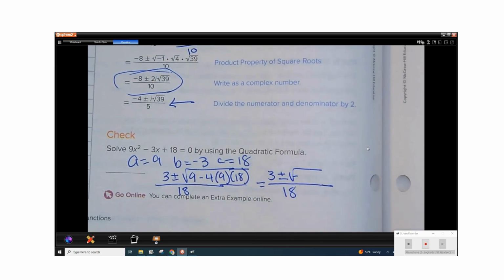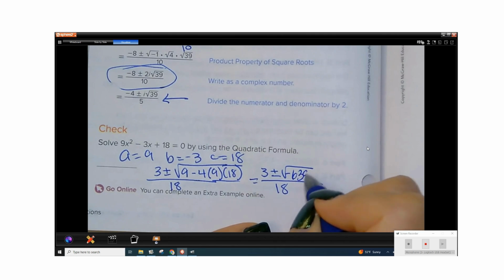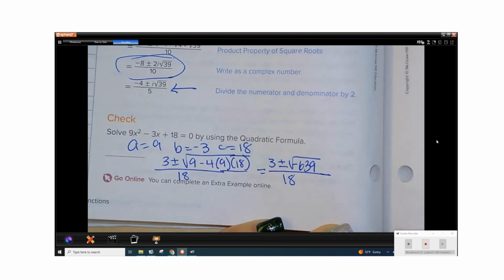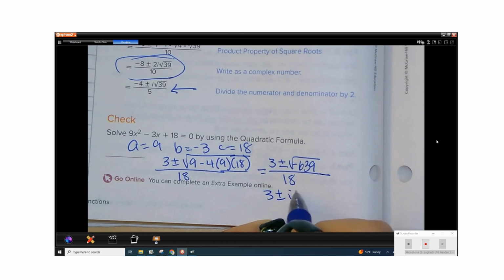So 36 times 18, 639. I don't want to try to figure out the square that goes in there right now. So an answer of 3 plus or minus i square root of 639 over 18 is okay.